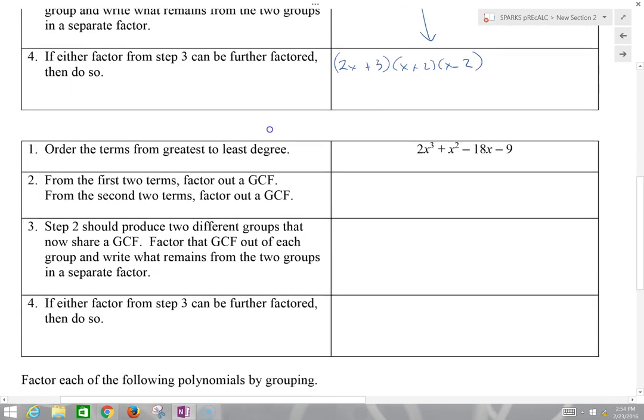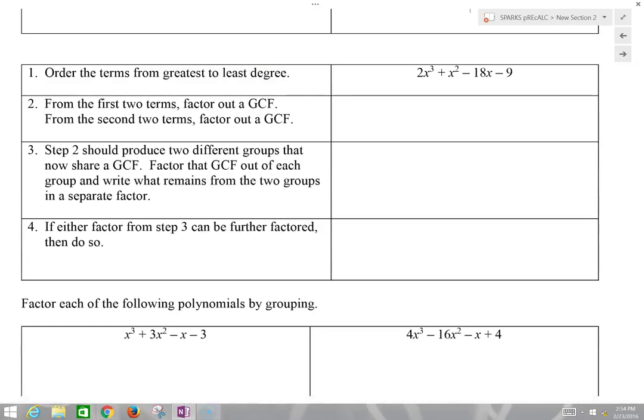Alright, let's try it again. From the first two terms, we're going to factor out a common factor. So what's common about 2x cubed and x squared? Well, that's going to be an x squared. So we have x squared times 2x plus 1. And then out of this one, we have plus negative 3 times 3 times 2x minus 3 times 3.